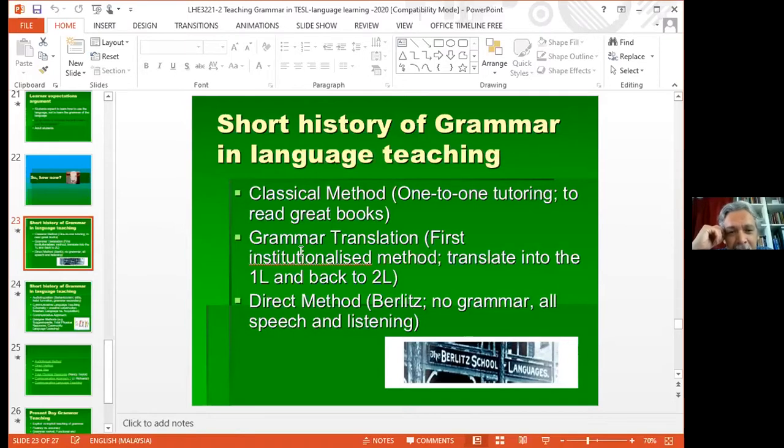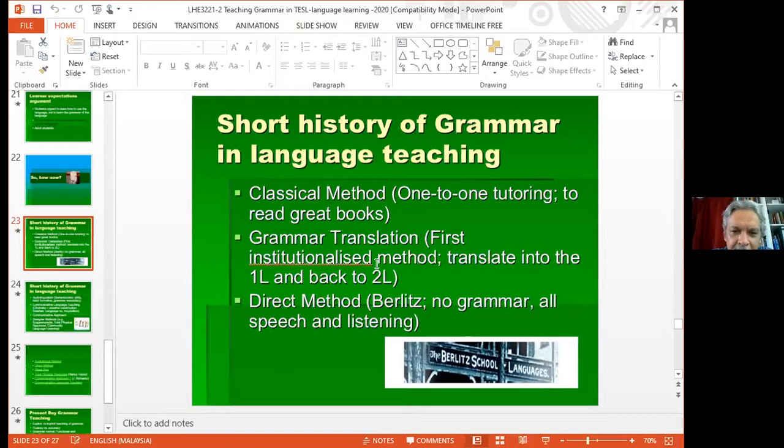Some people look at it as using grammar to help translate one language to another, from first language back to second language, and this is the role that grammar plays. This is the first institutionalized method, meaning this is the first method that was used in schools on a large scale.